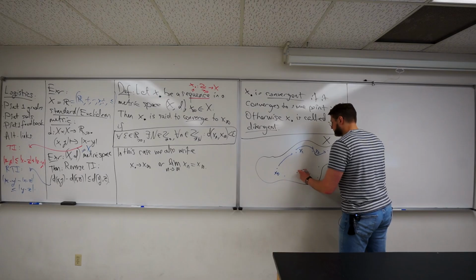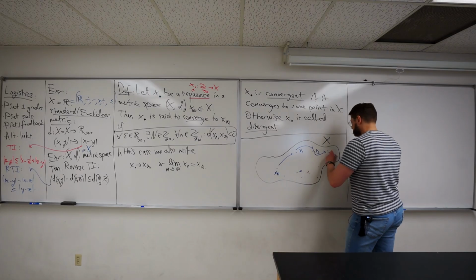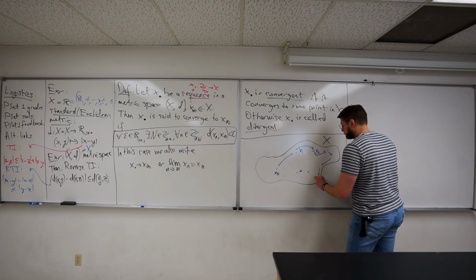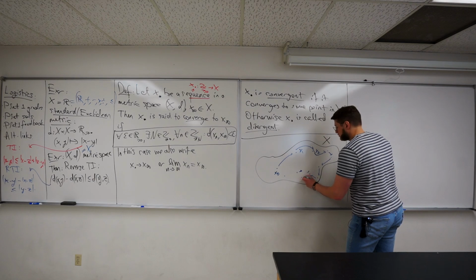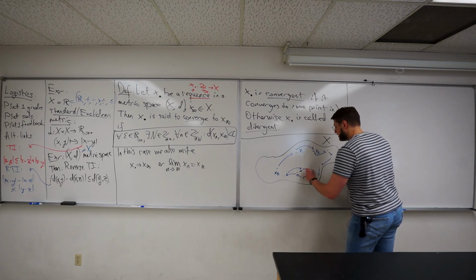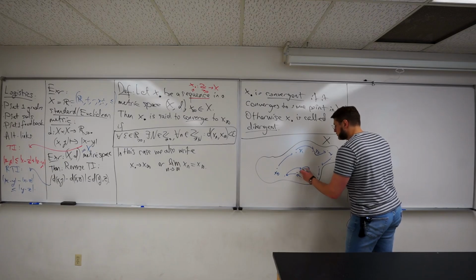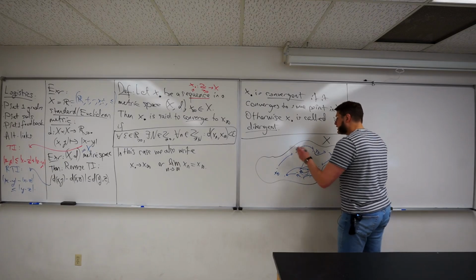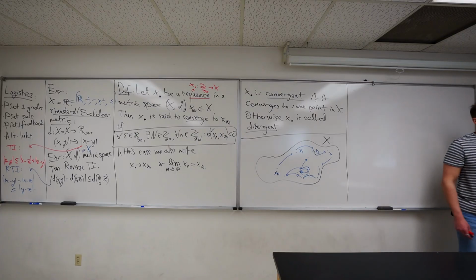Maybe I repeat a couple times. Something like this, jump like this. Let's say go back, and then you jump back and forth a couple times. And then you jump here. And then you keep going on.